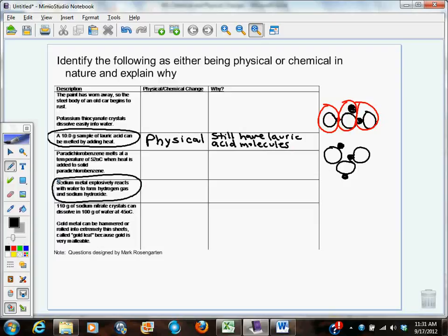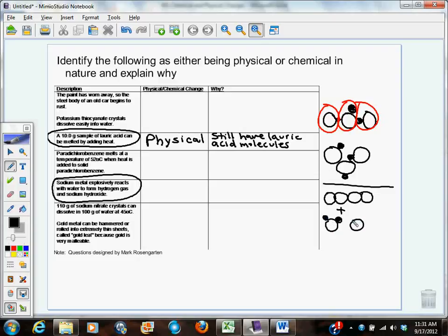Sodium metal explosively reacts with water to form hydrogen gas and sodium hydroxide. Now for this one, I'll draw it down here. We have sodium metal. So we have atoms of sodium. Each one of these circles represents one atom of sodium. Now, when I combine it with H2O, I'm going to write water.